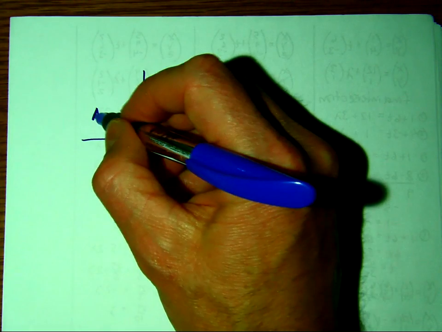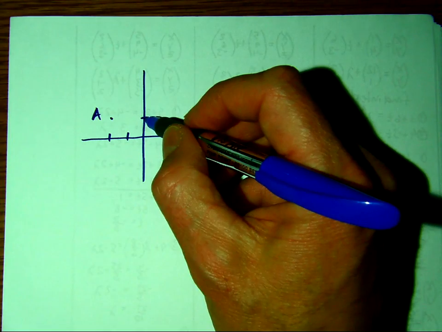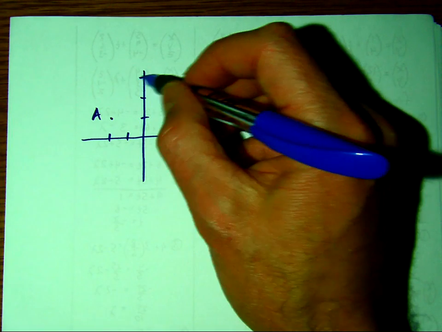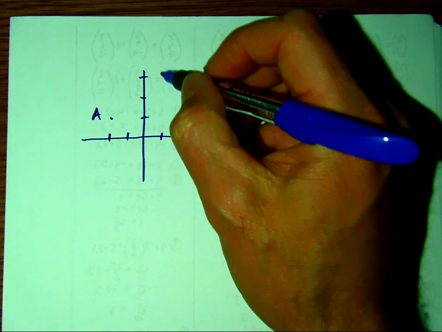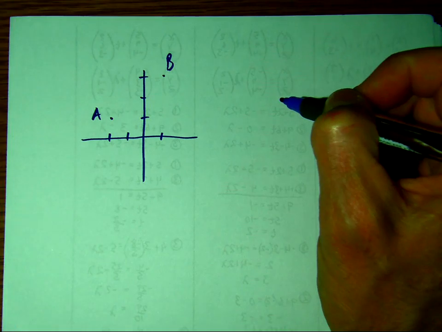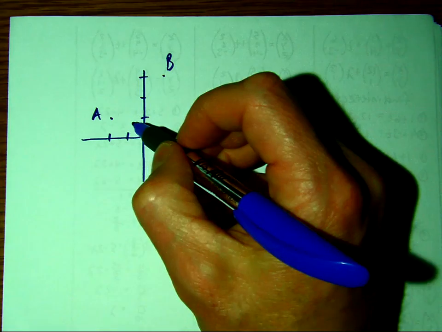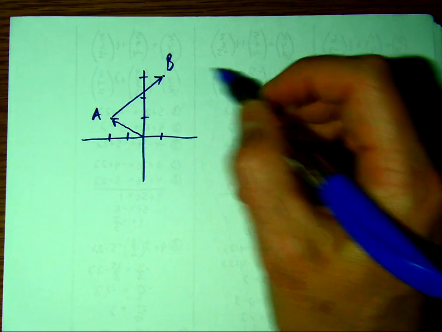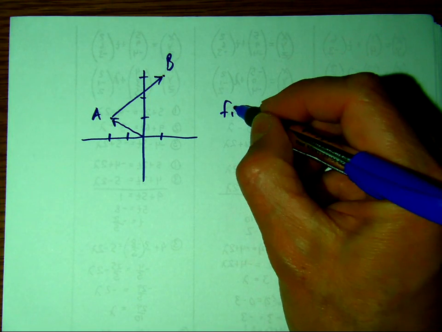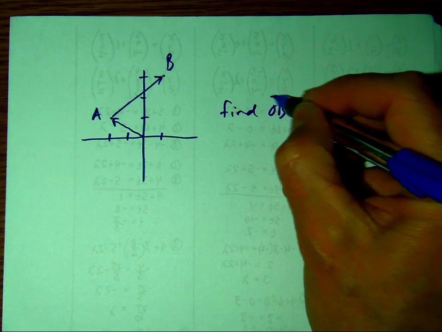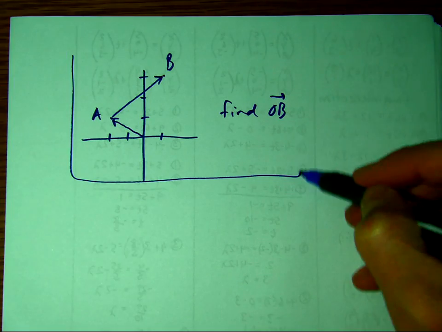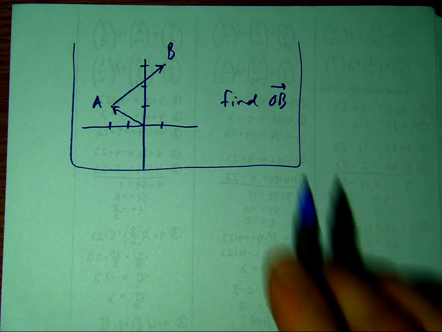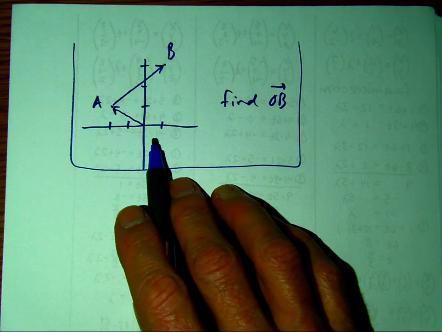Put a point at -2, 1. And a point at 1, 3. All right, let's pause the video and you find OB by looking at the graph and also by doing addition.